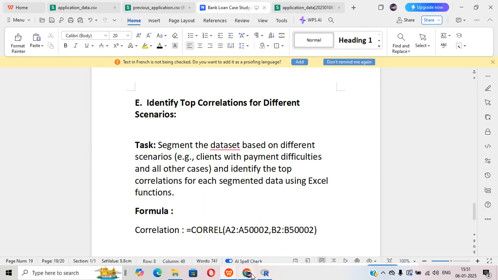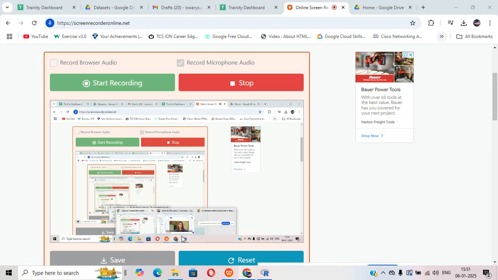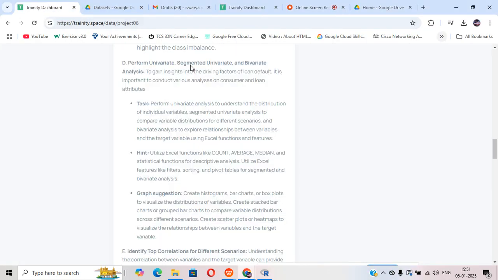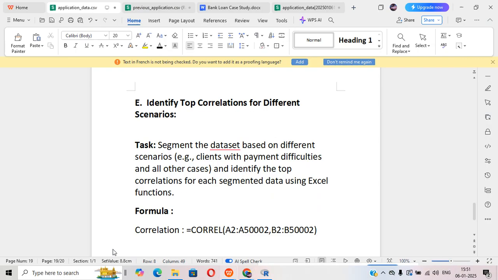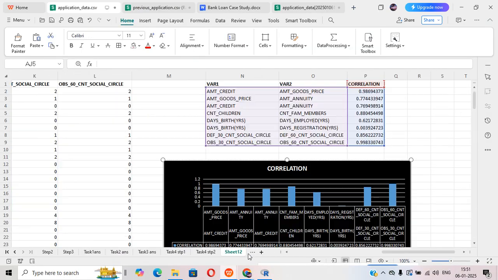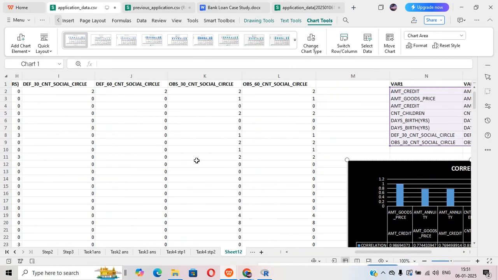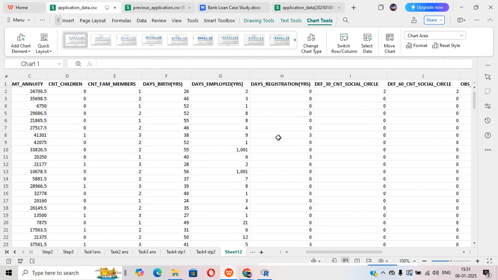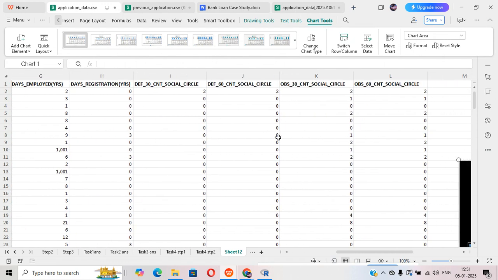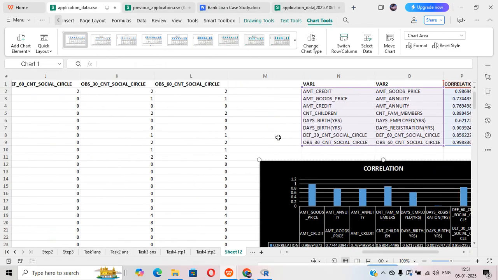After that, moving to the last task, identifying top correlations of different scenarios. So, moving to the last task, I have taken this data: AMT credit, goods price, amenities, children, family members, days employed, and those.